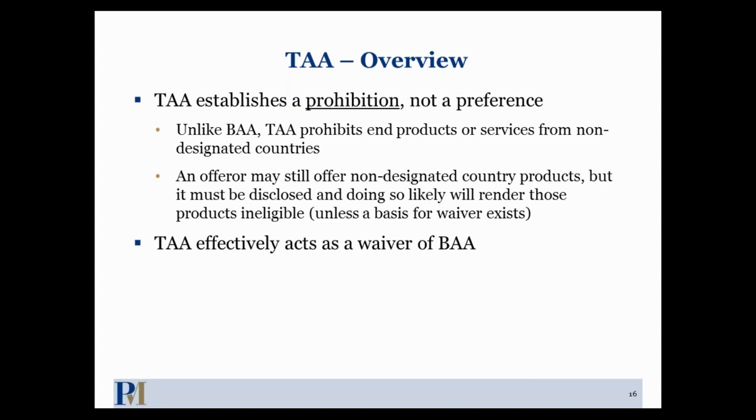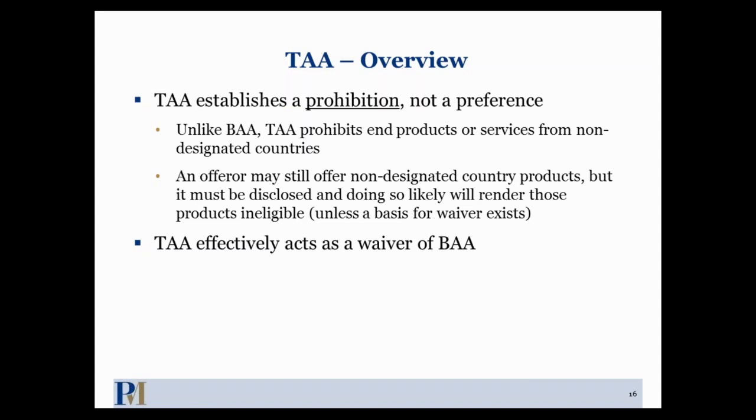The government could still buy a foreign end product if certain exceptions apply, like the non-availability that we talked about. But when the TAA applies, you cannot provide an end product from a non-designated country. It has to be TAA compliant.